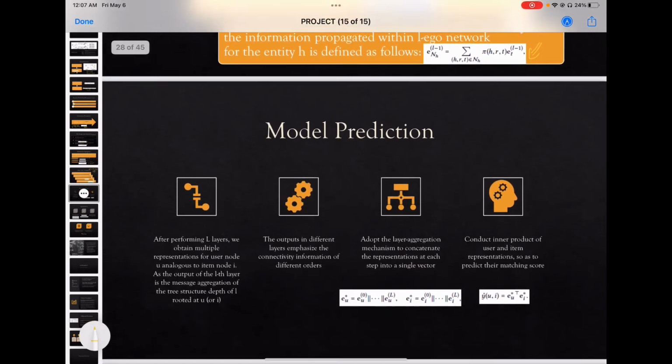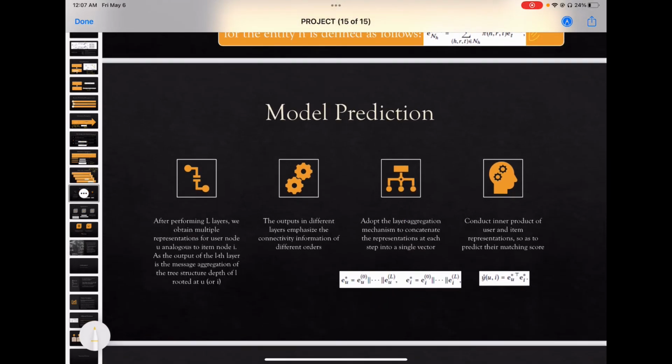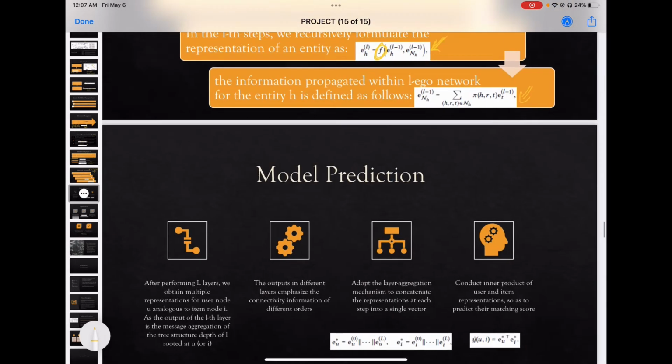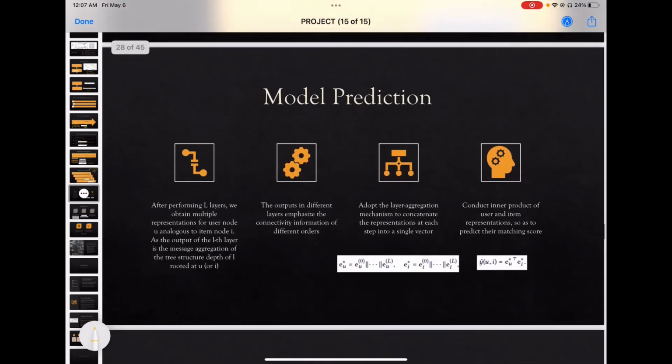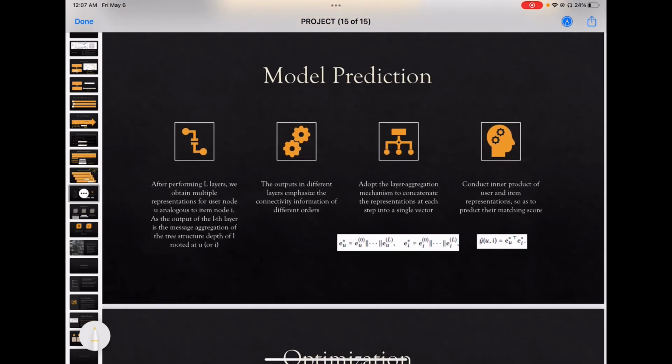Now, the next thing we look at is how model prediction is done. After performing L layers of this high-order propagation, we obtain multiple representations for user node U, namely a set eU of 1 all the way till eU of L for the L-th layer.